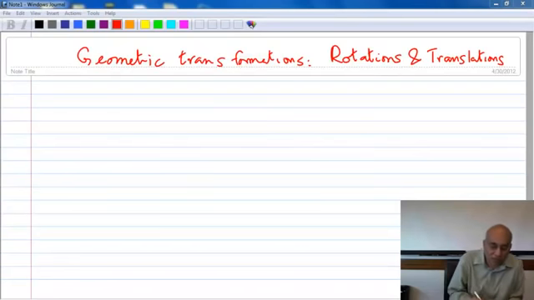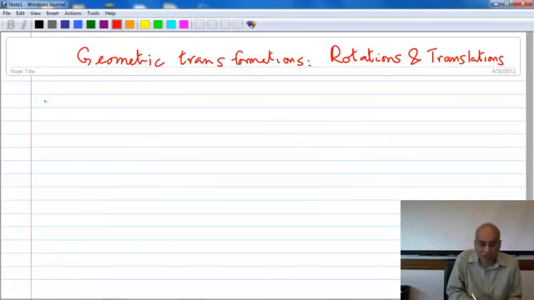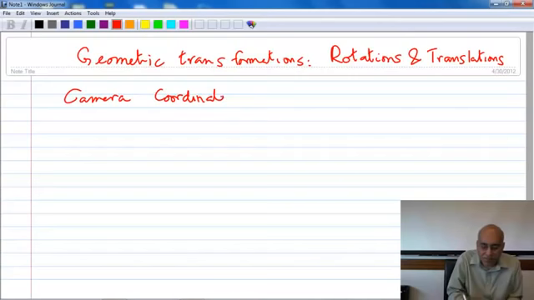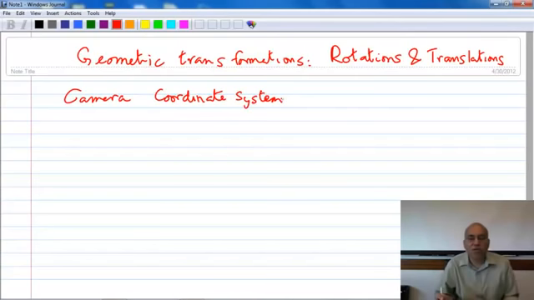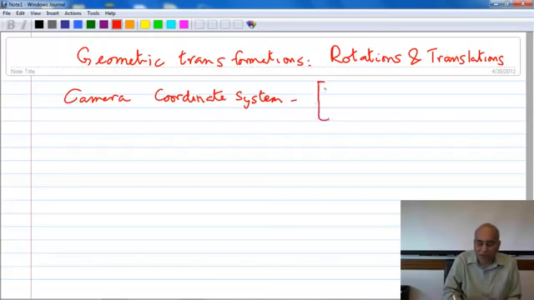So there are two things involved here. Imagine that we have a camera, and in that camera we have a coordinate system. So in the coordinate system of the camera, we are going to have x, y, and z coordinates associated with various points on the object.